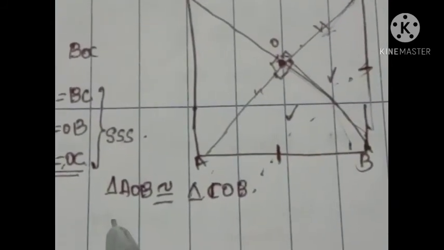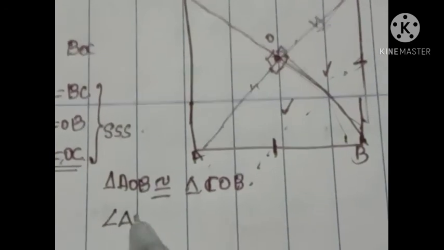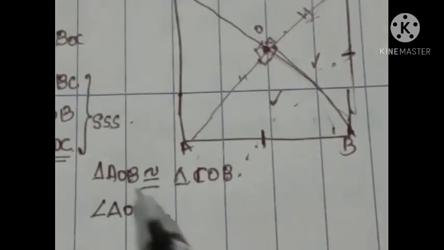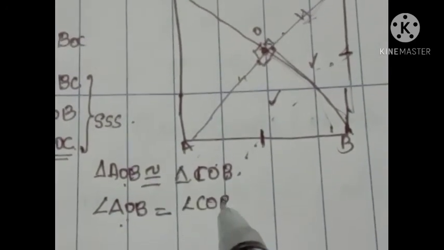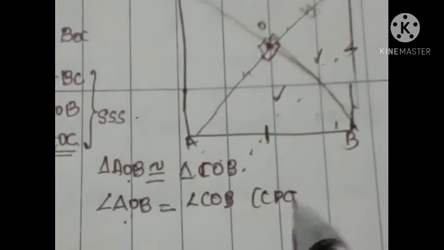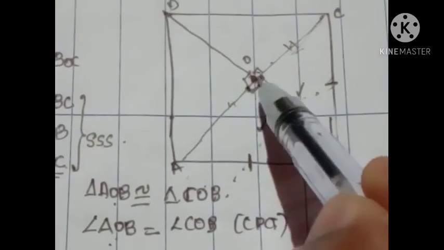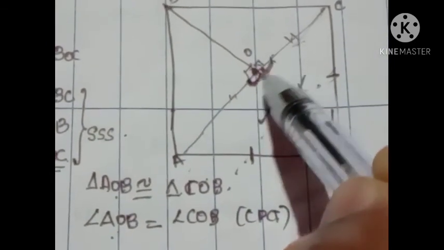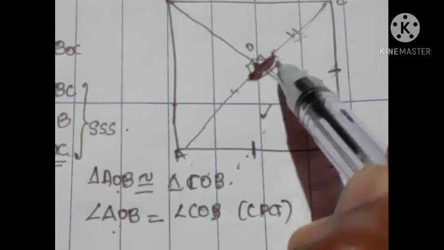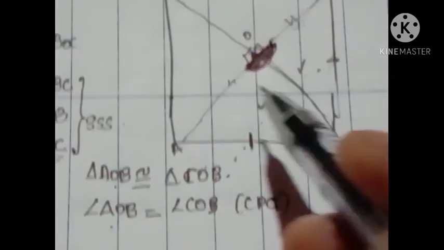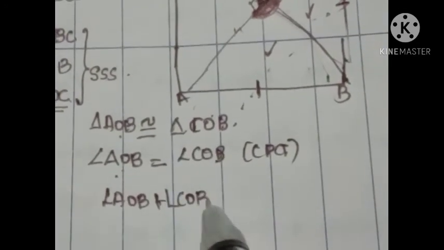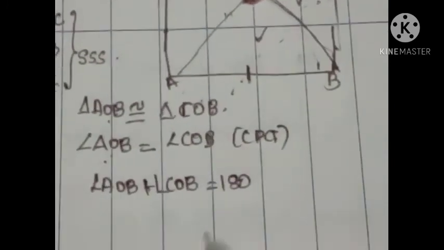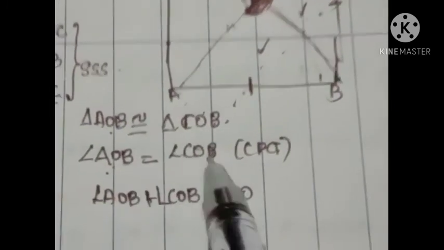Now by CPCT rule, let us take the angle AOB. So corresponds to this angle AOB. Here we get COB by CPCT rule. So AOB means this one. BOC or COB this one. So what is this? It lies on a line. These angles lie on a line means linear pair. Therefore their sum is equal to 180 degree. Angle AOB plus angle COB equal to 180. Now these two angles are equal.